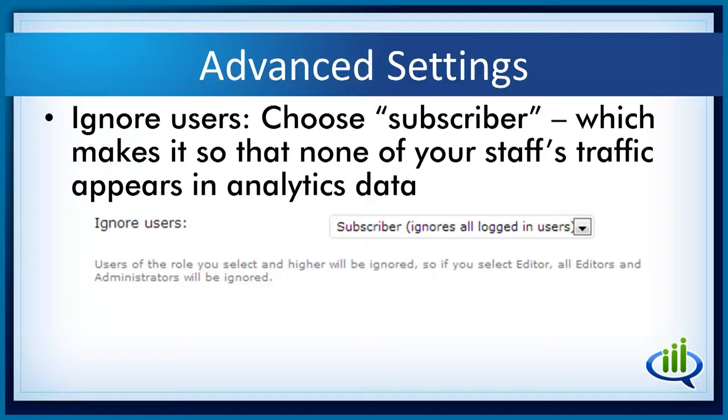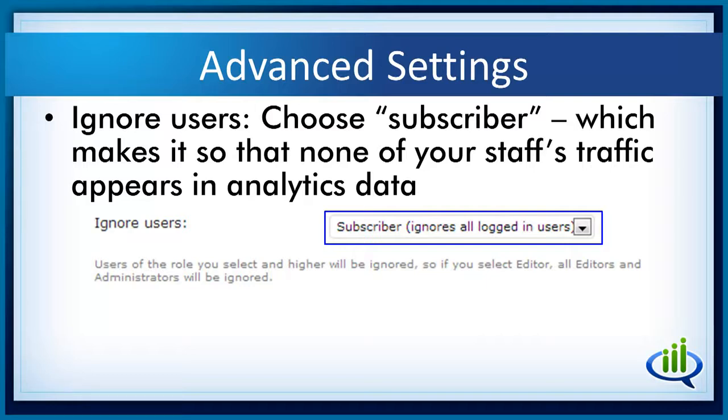So my recommendation, because you don't want to start making decisions based upon what your staff is doing, you want to base it upon what other people who are coming to your blog are doing, is to select this bottom one in the list, which is subscriber, which ignores all logged in users. So what that means is nobody who's logged in will have any of their traffic tracked on your blog, and I believe that's a good thing in the end.